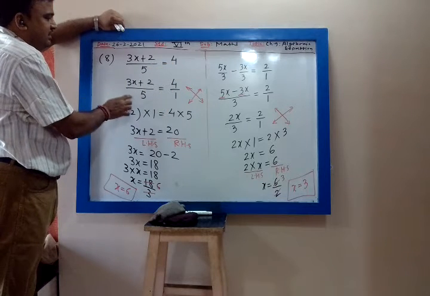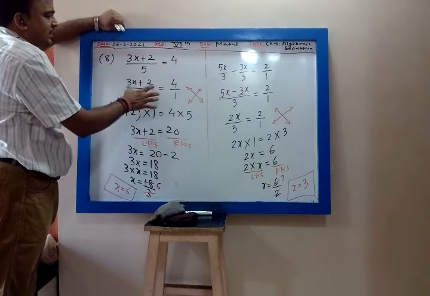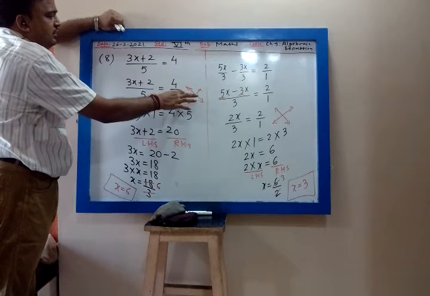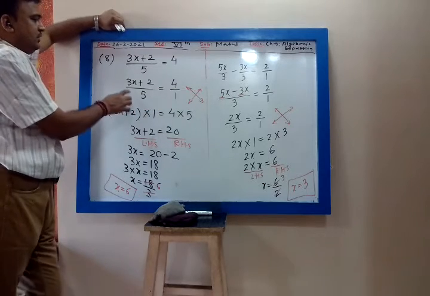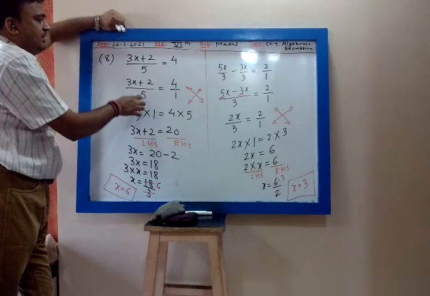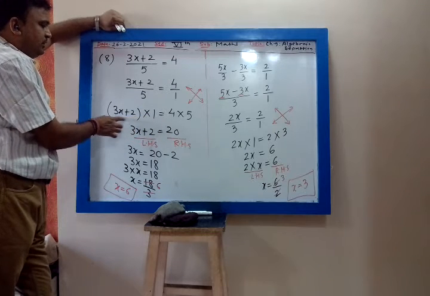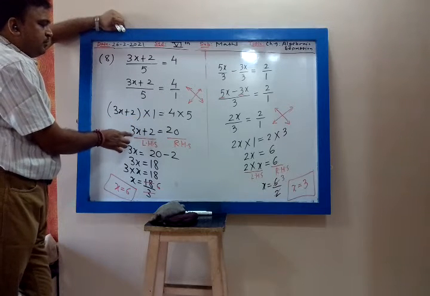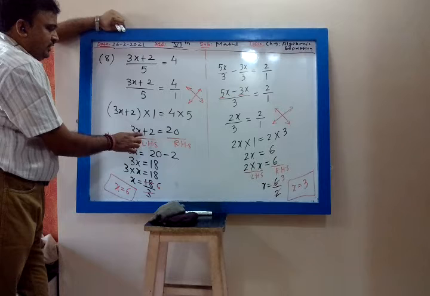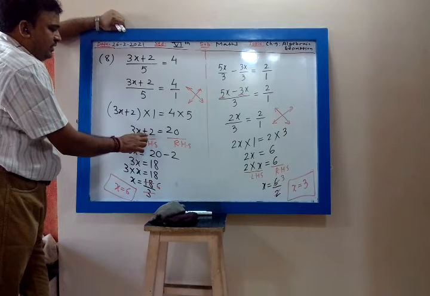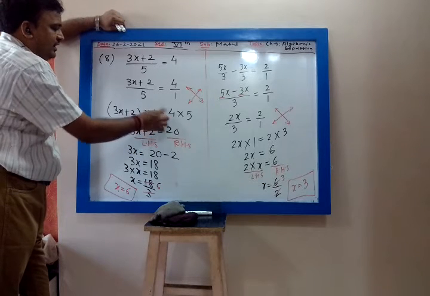So now this is one fraction. This is the other fraction. Whenever there is equality of two fractions, we cross multiply. So 3x plus 2 into 1 is equal to 5 into 4. 1 multiplied with 3x plus 2 will give you 3x plus 2. 4 fives are 20. Now plus 2 is on the left side, I will take it to the right side.